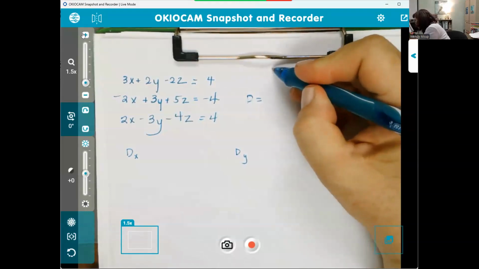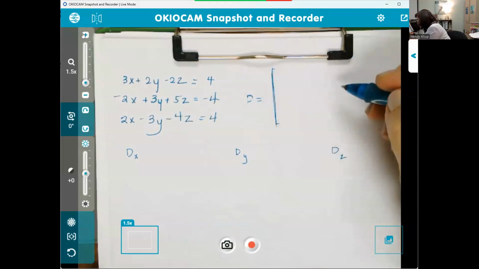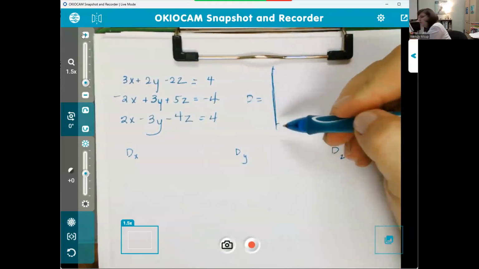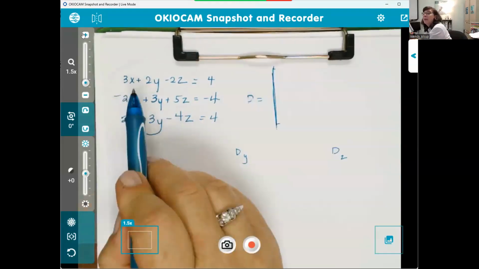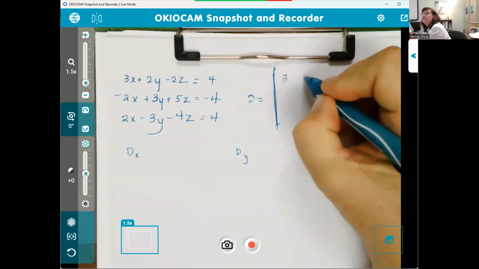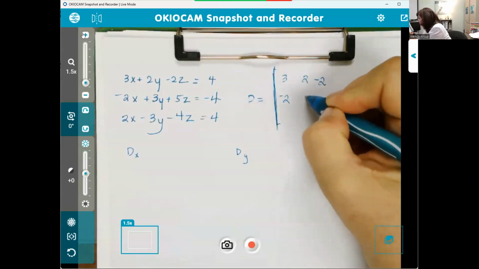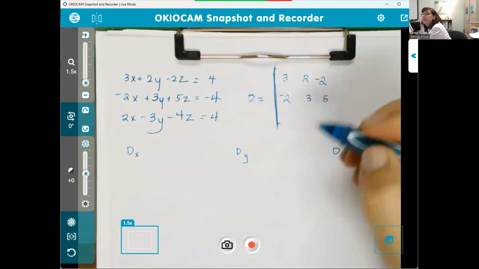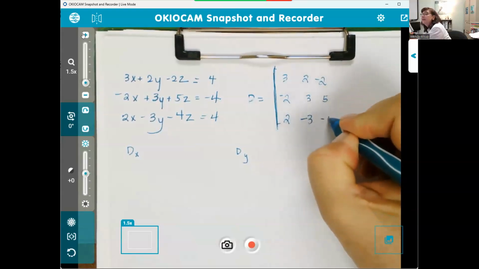All right, D, okay. I'm drawing a matrix. I think I should be drawing just the determinant. Straight lines. My bad. Should be using straight lines, not brackets. All right, my D for the determinant is going to be 3, 2, -2, -2, 3, 5, 2, -3, -4.